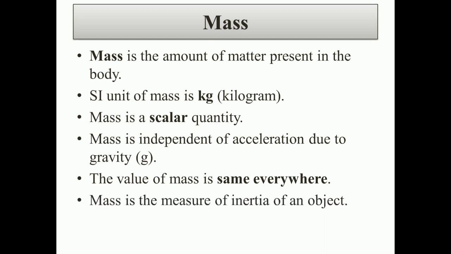Also, mass is a measure of inertia of an object. Now what is inertia? Inertia is very simple to understand. Let us consider a small ball, and a wall in your house. You can move the ball very easily because it is very light, but you cannot move the walls of your home, because we are not capable of that.